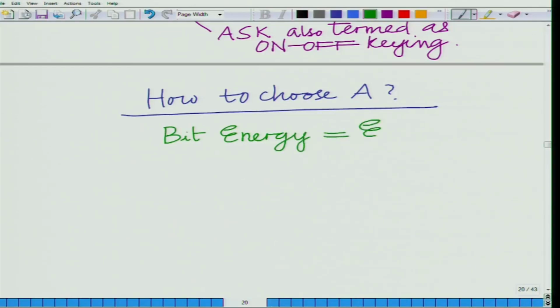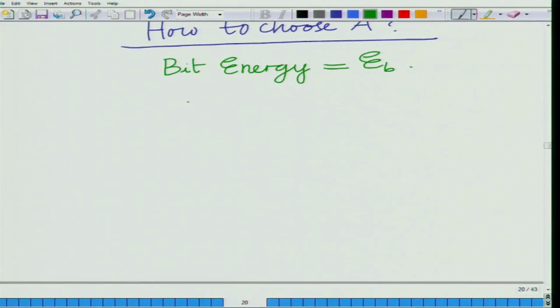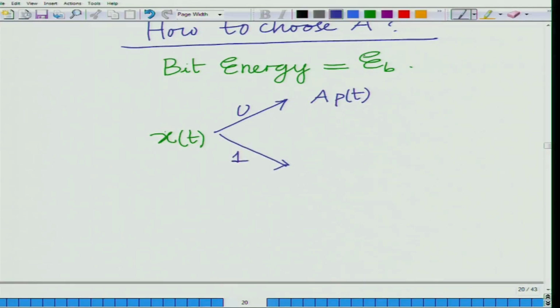Bit energy is constant, we are keeping the bit energy equal to E_b. Now, in terms of x(t), for bit 0 we are transmitting A times p(t), and corresponding to information bit 1, we are transmitting 0.